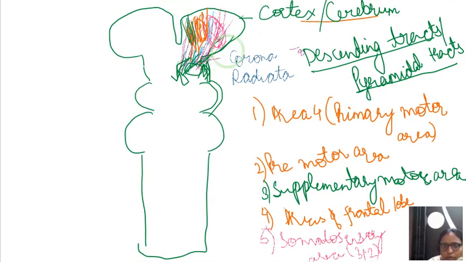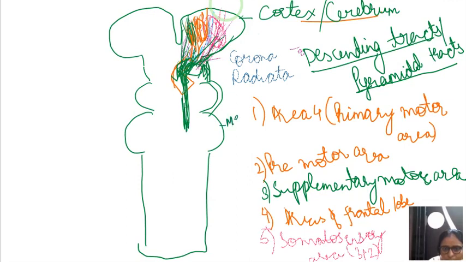When it converges on the internal capsule, it gets converged and then descends downwards. Let us draw your internal capsule with another pen so it will be more visible to you. Fine. See, from here it converges and your fibers are descending downwards to the upper part of the medulla.